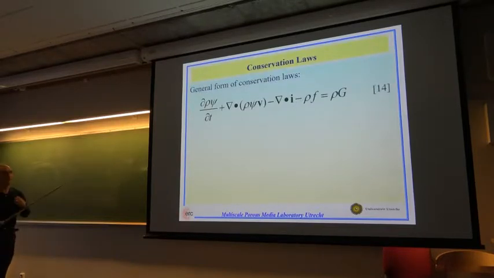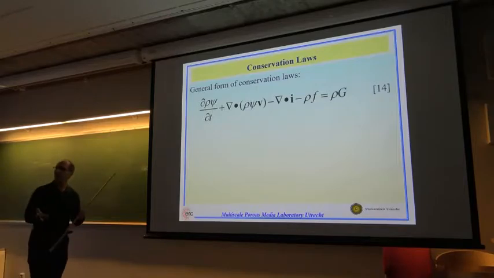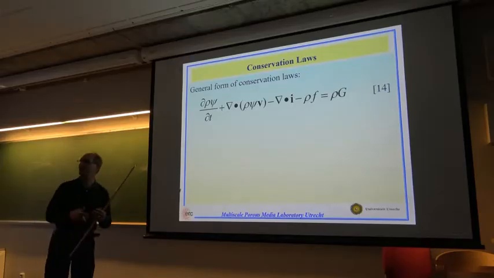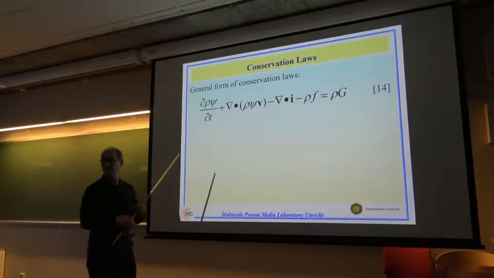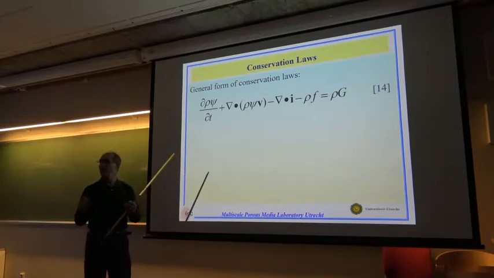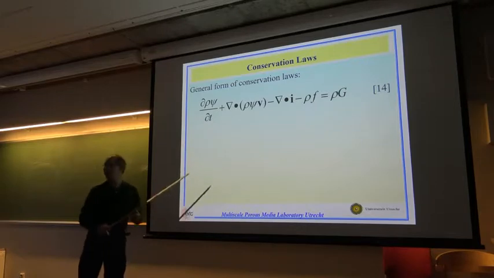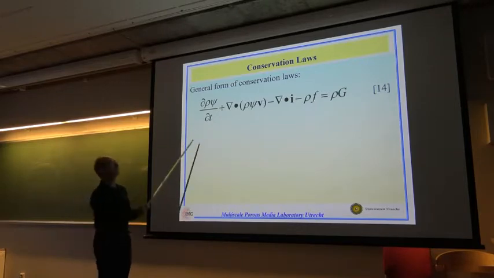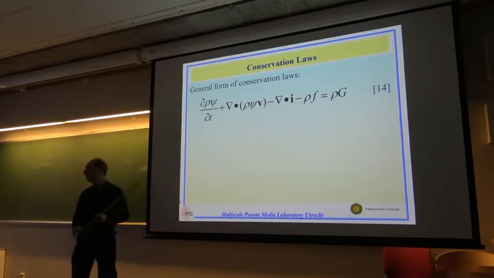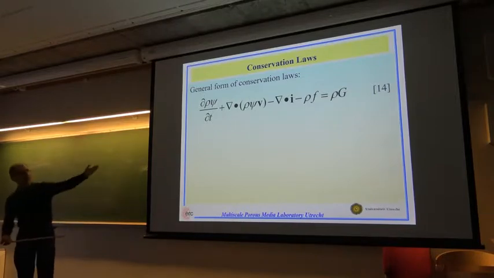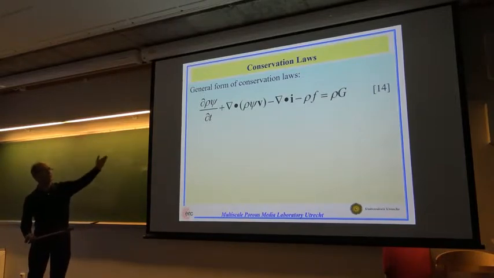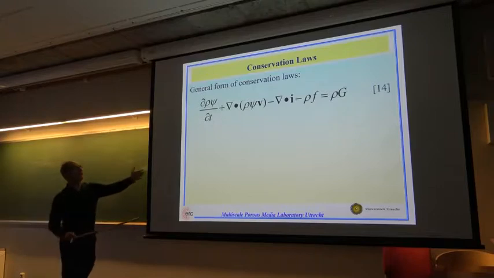Okay, so this was some definition of motion and the kinematics at the macro scale. So we go back to where we ended yesterday. We derived these conservation laws, and I've written that in this general form. This is conservation of mass, momentum, and energy, and balance of entropy.